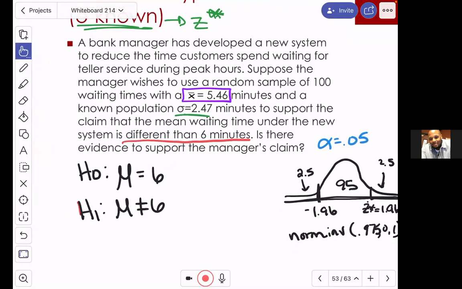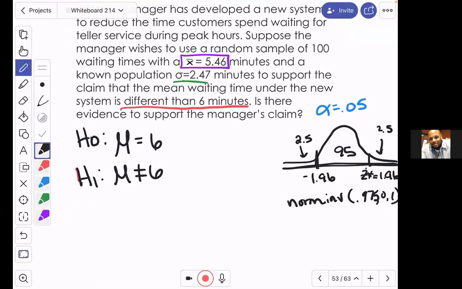The next thing we're going to do is calculate a test statistic. The test statistic is just a Z-score. How do we calculate a Z-score? Anybody tell me that? It's been a while.